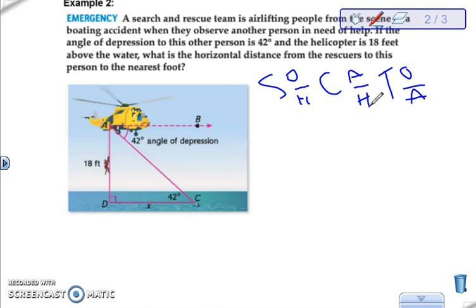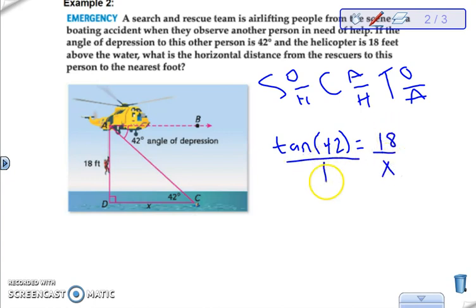So when we set it up, tangent of 42 degrees is equal to the opposite leg over the adjacent leg.